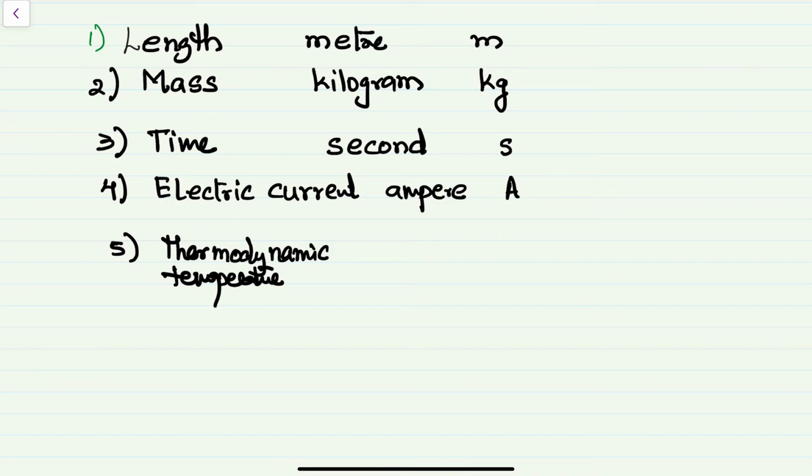The unit is Kelvin, symbol K. Of course, in previous classes you have seen thermodynamic temperature. Kelvin can be converted into Celsius or Fahrenheit. Electric current is measured in amperes. Of course, length, mass and time are very familiar terms to you.